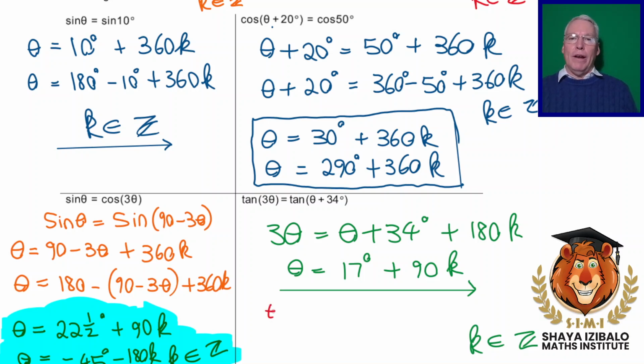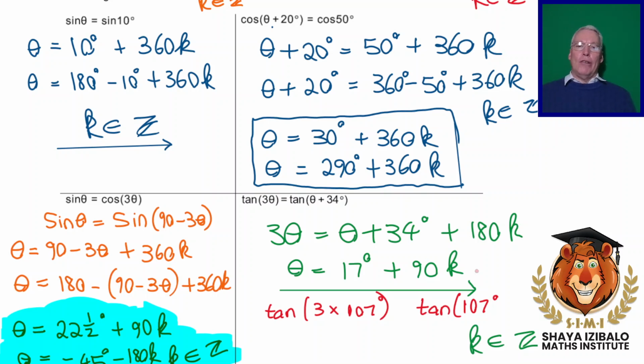In other words, let's work out the tan of 3 lots of 107 on the one hand, and let's work out the tan of 107 plus 34. So I hope you see what I'm doing here. I've generated a solution by letting k equal 1. So if k equals 1, then one possible answer is that theta is 107.